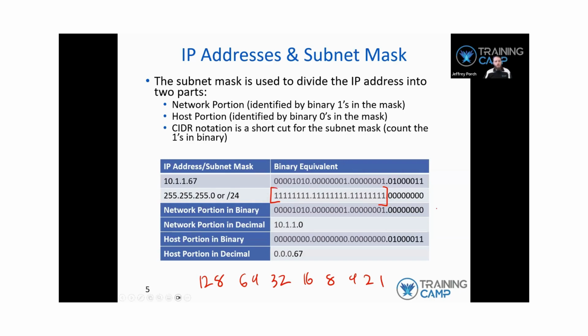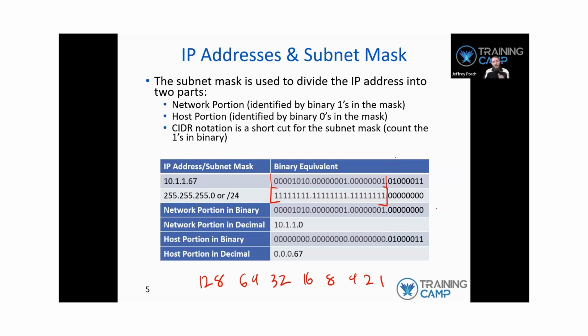Which are going to ultimately make up our network portion. Especially for a simple subnet mask, you can just look at it: here are my ones, really my 255s, because you're not likely to break it down into binary for this particular example once you understand what you're looking at.